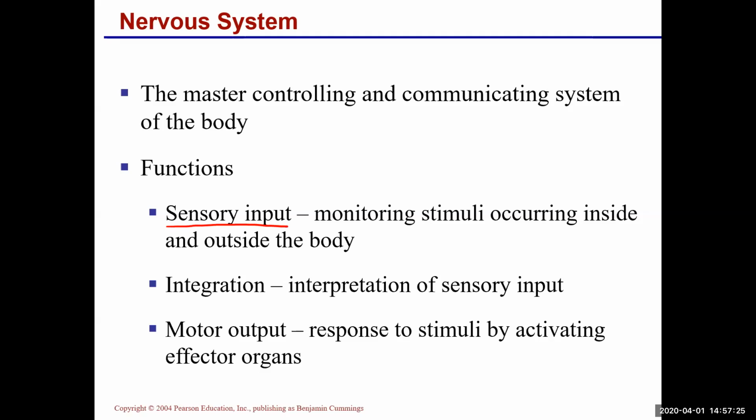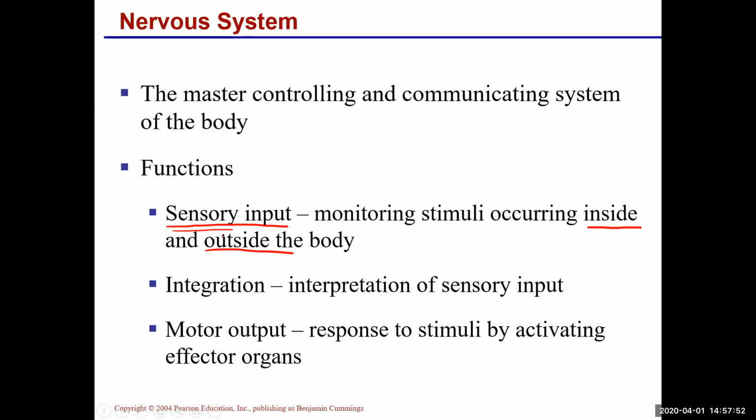In other words, certain stimulation occurring inside and outside of the body, and the body should sense it, be aware of it. Whether it's the temperature changes, say you have a fever, for example, that would be from the inside of the body. Say, for example, it is a hot day today, that would be the outside of the body, but you're sensing the temperature, right?